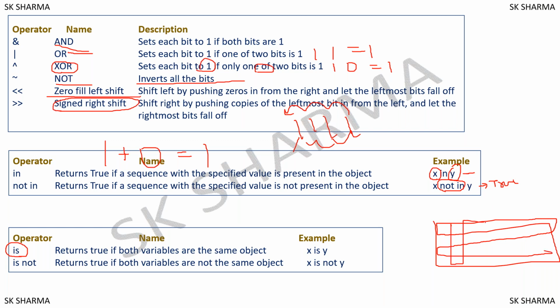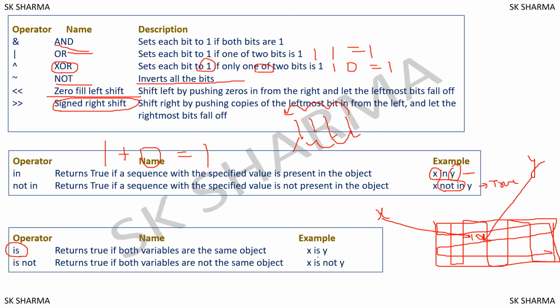Quickly, we don't have much time. I have put 10 here. I have one variable x showing this memory location, and one y showing this same memory location. So x is showing 10, y is also showing 10.